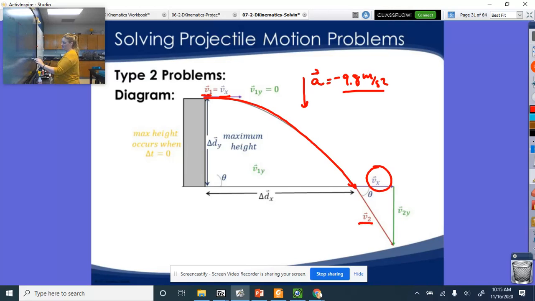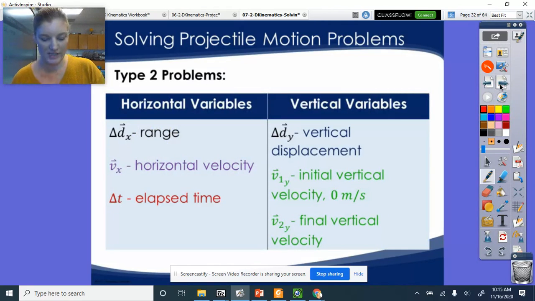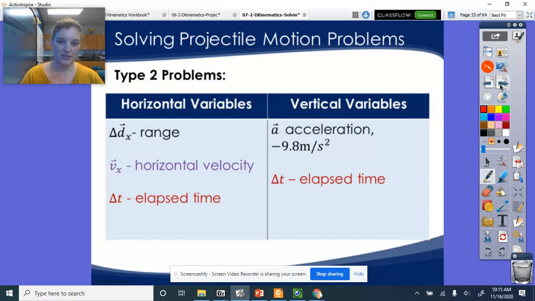So we actually still need to solve for everything over here on this side. So if I split this up into my two different types of variables, my horizontal and my vertical, this is the same thing that we listed before, and it doesn't hurt to just have this list ready to look at so when you're solving a problem, you know what goes where or what you might need to solve for in each section.